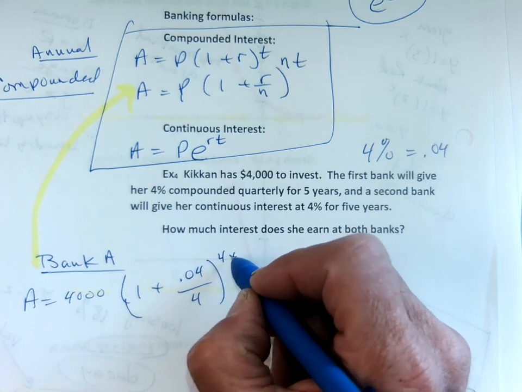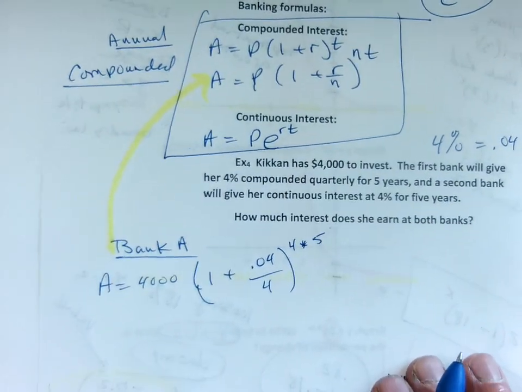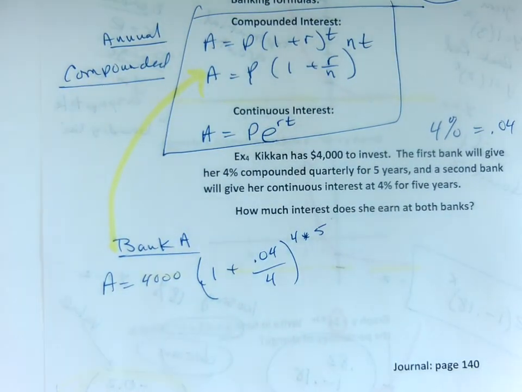And I'll back up and I'll point to you exactly what I did. It's pretty easy. It really is. So, principal, she put in 4,000. Interest rate is 4%. She's compounding it quarterly, so 4 goes there for 5 years. That's all I did.